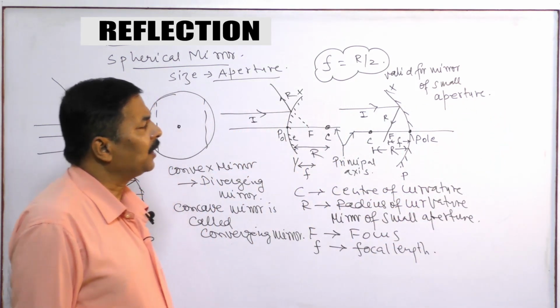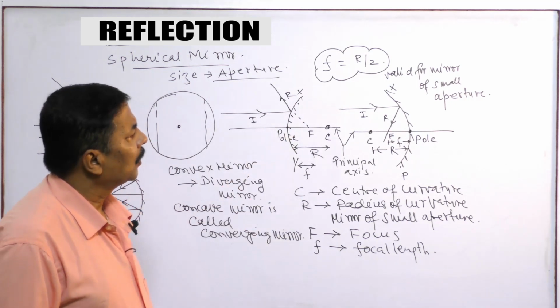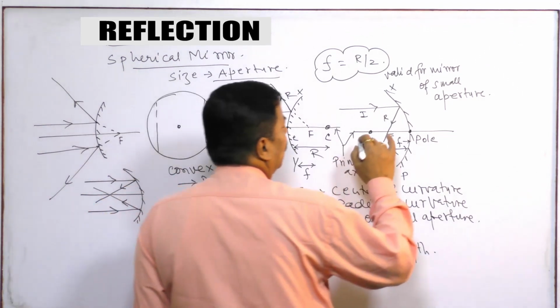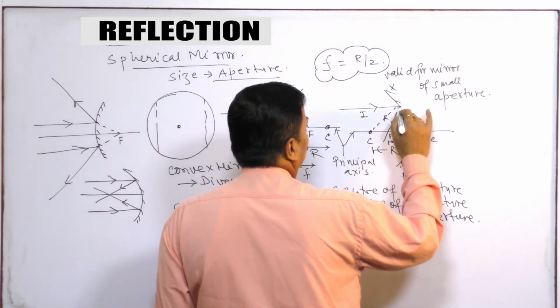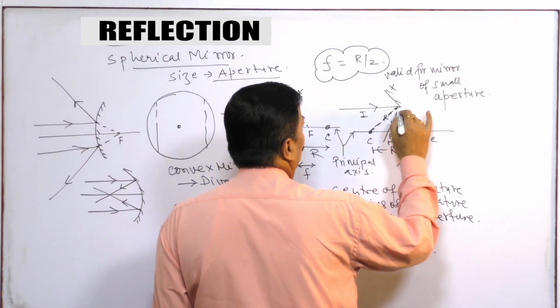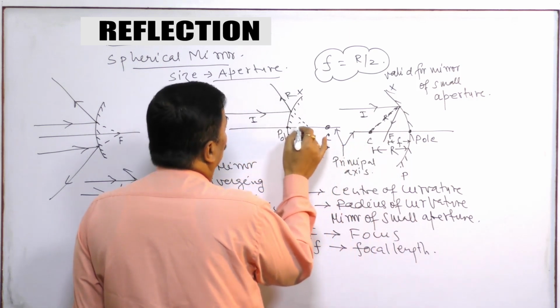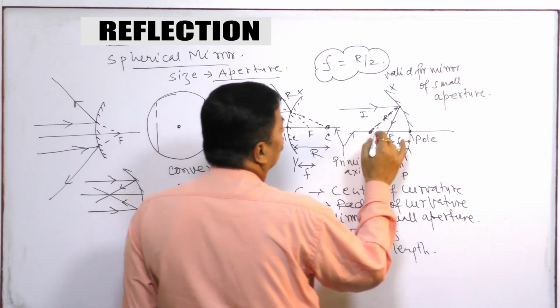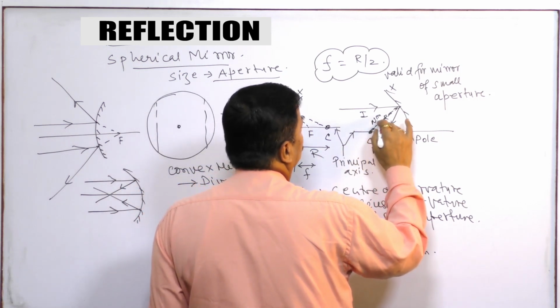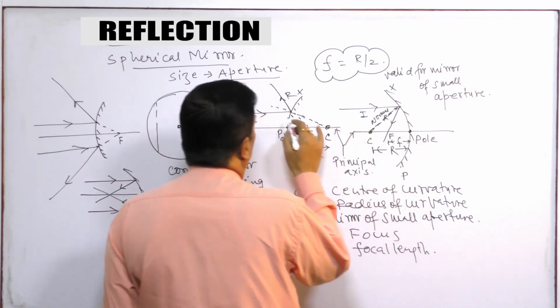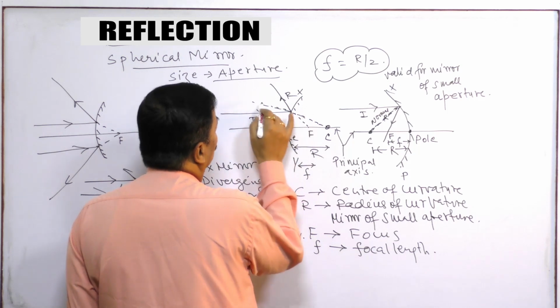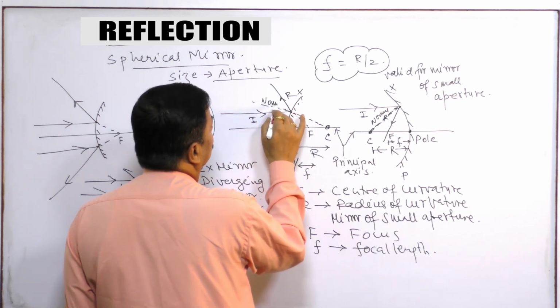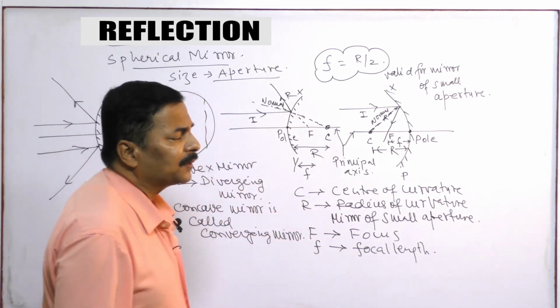While discussing the mirror, we will consider the line passing through the center of curvature when it is joined with the point of incidence, then this behaves as normal. Why does it behave as normal?